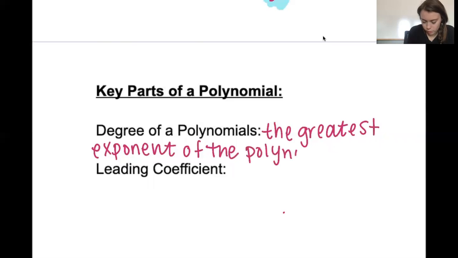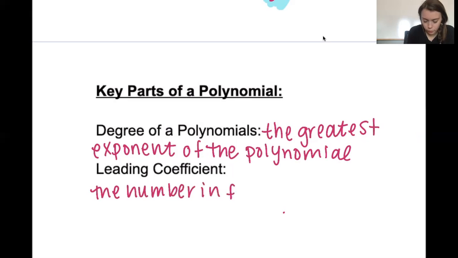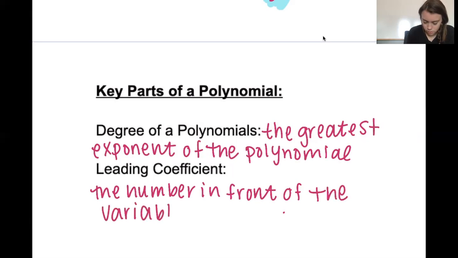And then the leading coefficient is the number in front, or the coefficient, the number in front of the variable with the highest degree, or with the highest exponent.